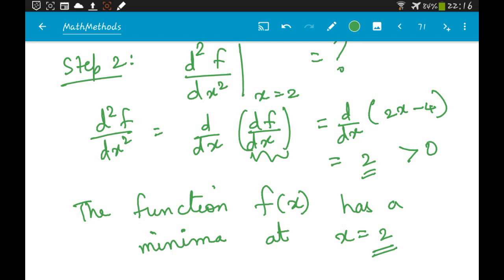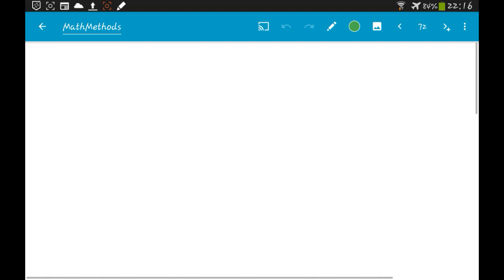Now this is for a one variable function. Okay, let's see what happens for a two variable function. So a two variable function means it is a surface, right?